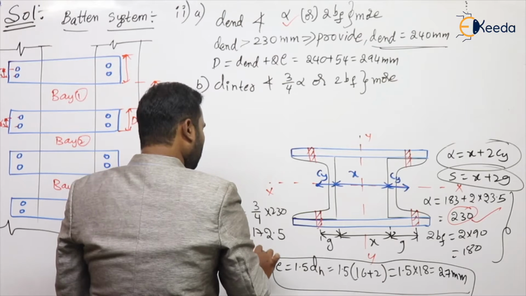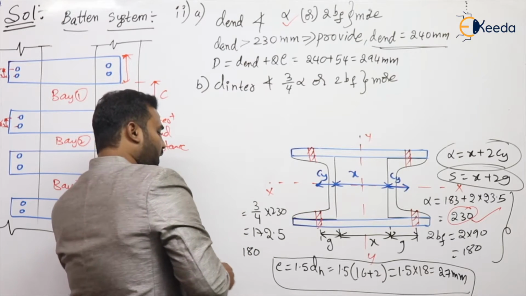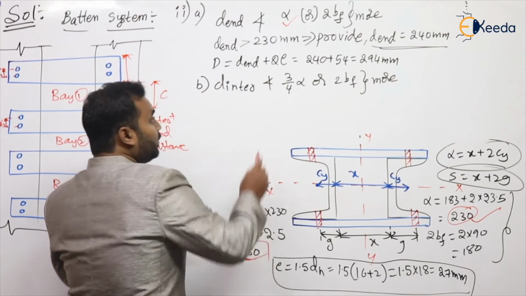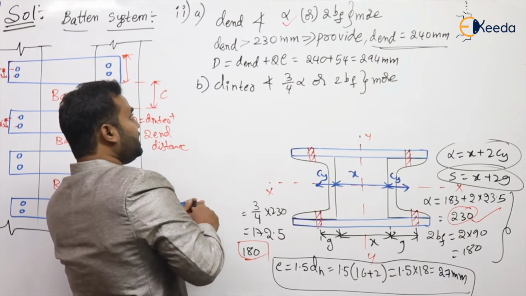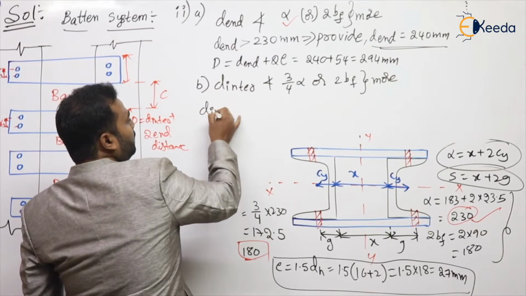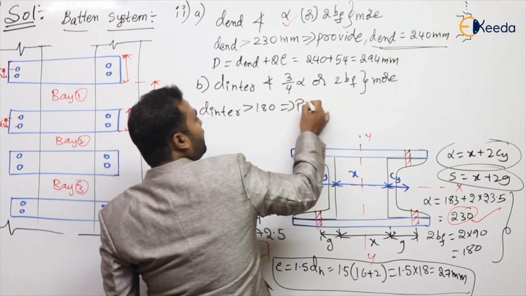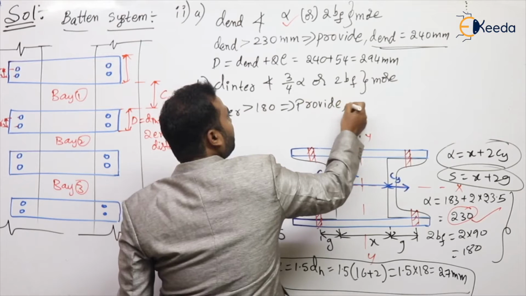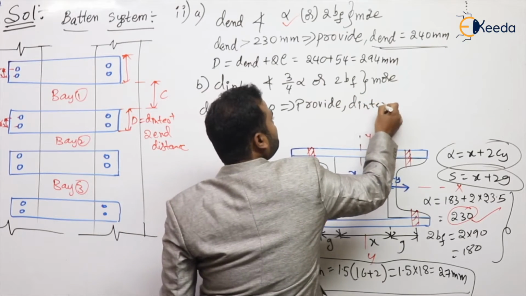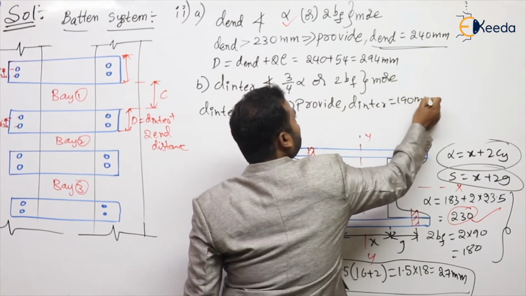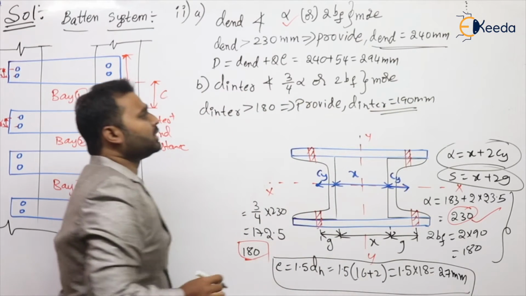Out of 172.5 and 180, whichever is more, 180 is more, right? Now this D inter should be greater than 180. So provide D inter as 190.